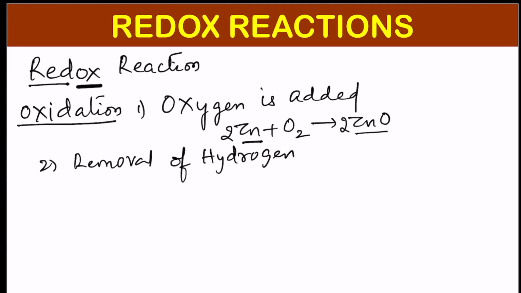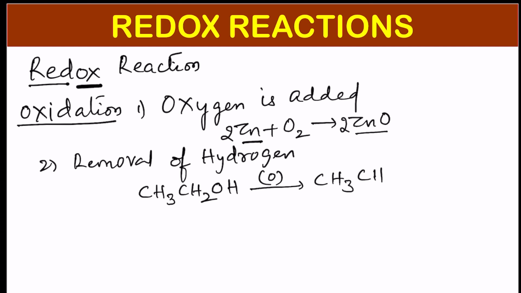Now this is generally observed in organic reactions, where if we take CH3CH2OH as an alcohol, when it has undergone oxidation, it converts into CH3CHO, where one hydrogen has been removed. These are the 2 old definitions.